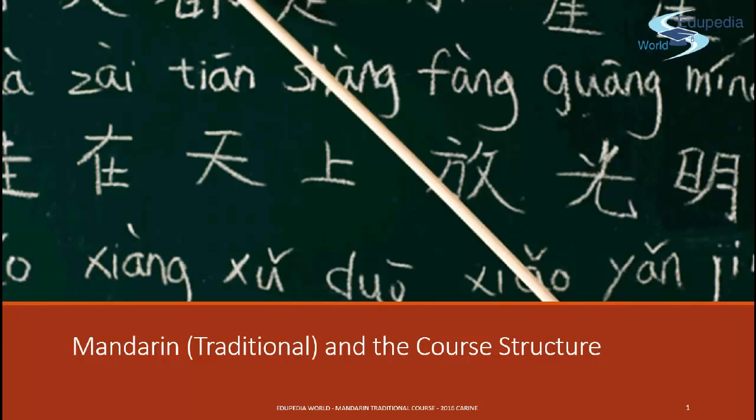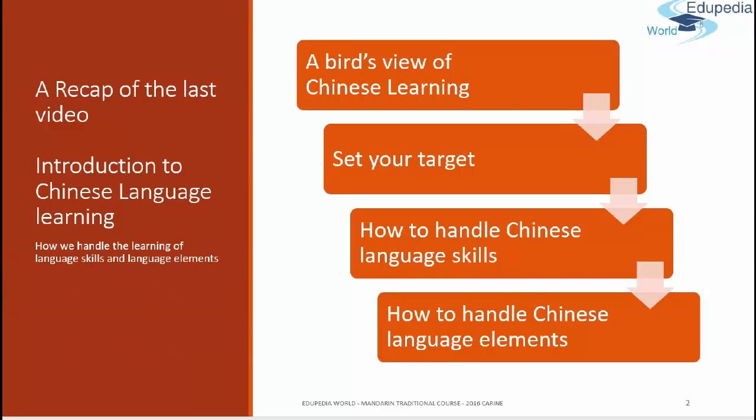Before we start with the new content, let's have a recap of what we covered in the last video. We talked about an introduction to Chinese language learning, a brief view of Chinese learning, for example, the 4 Chinese language skills and 4 language elements.